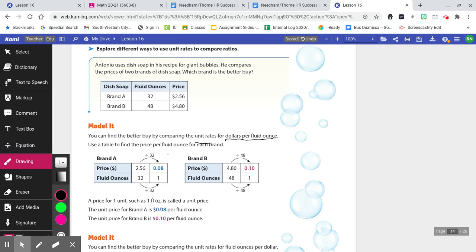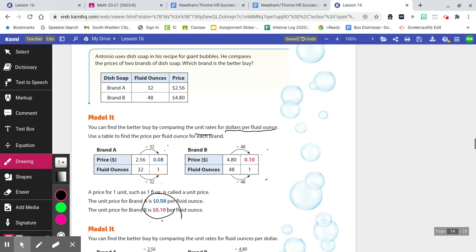Or actually, this one they continued to divide by 48 to see the price. So unit price for brand A is 8 cents. The unit price for brand B is 10 cents. So obviously 8 cents is cheaper. So I found the unit price of both of them. You could have done that. 1 fluid ounce costs how much?